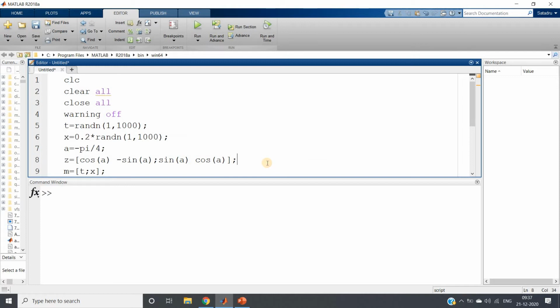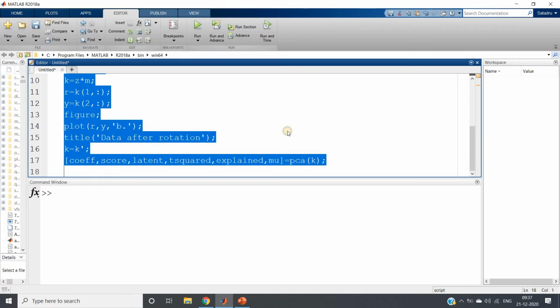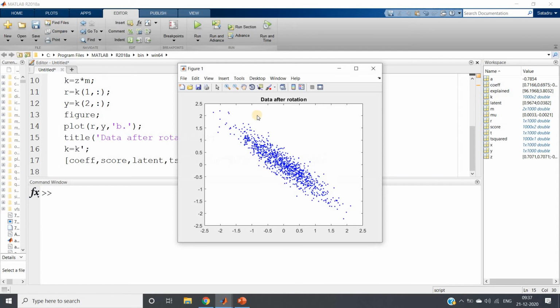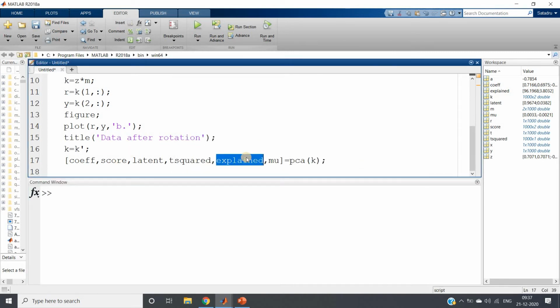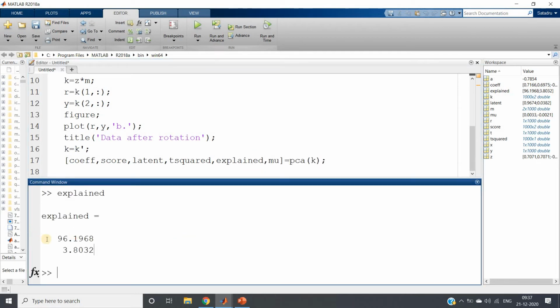Same code as I used earlier, no change, I am just running it once more. So this was our data set. If I show you explained, see, 96.1968, next one 3.8.